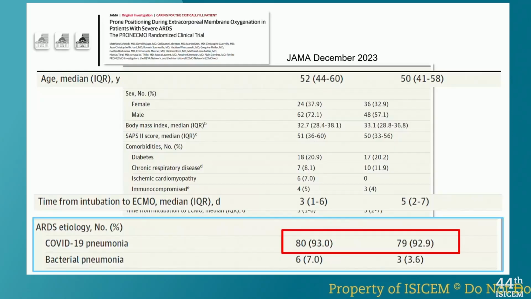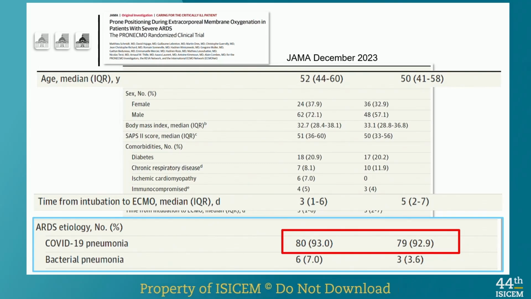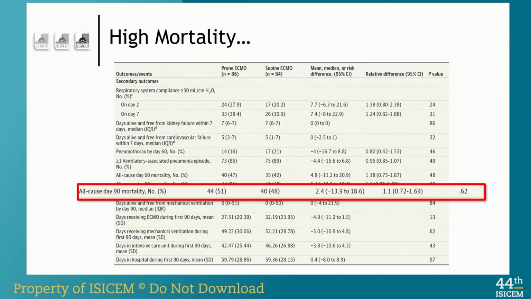So as a result, most of the patients included in this PRONE ECMO trial had COVID-19 pneumonia. When you say COVID-19 pneumonia on ECMO, it means that you expect quite a high mortality. Look at the mortality at 90 days, roughly 50%.